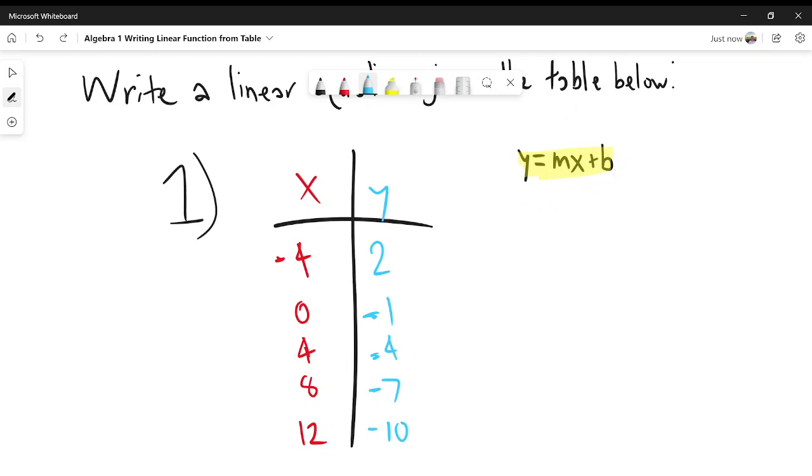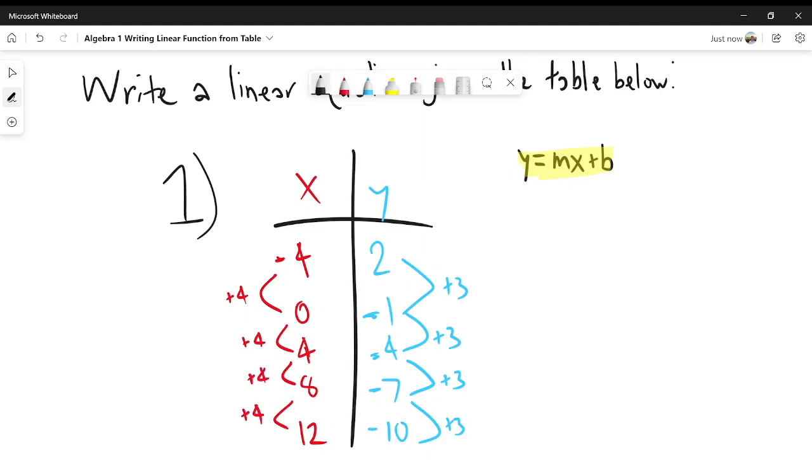The first thing we need to do is to find the slope, which is also known as the m value. So we want to find the changes in y's and the changes in x, right? We can see that each of the y values increases by 3 every time, and the x values increase by 4 for each coordinate point.